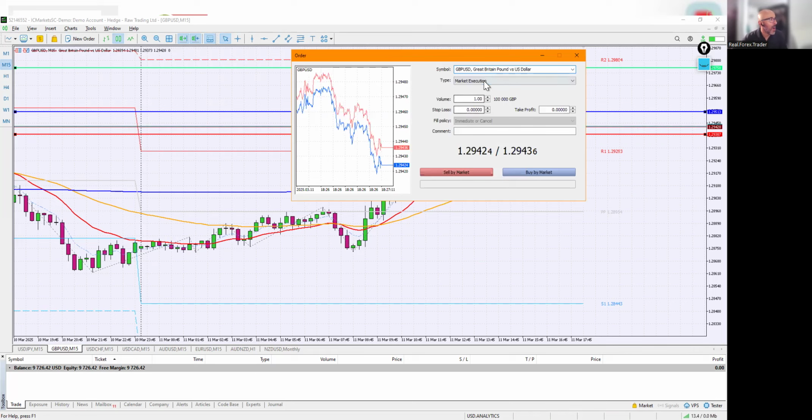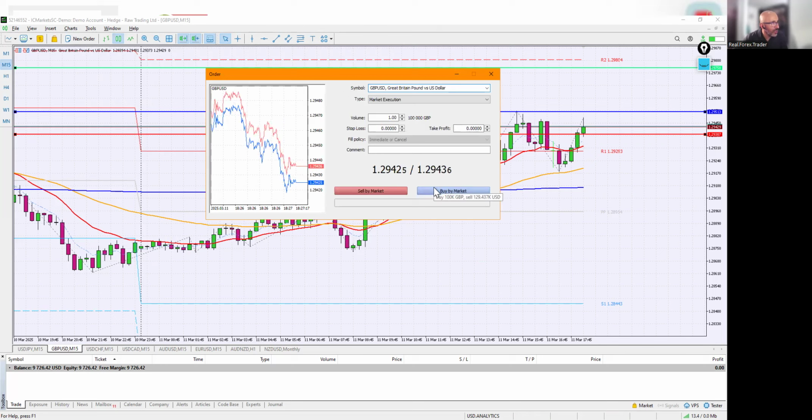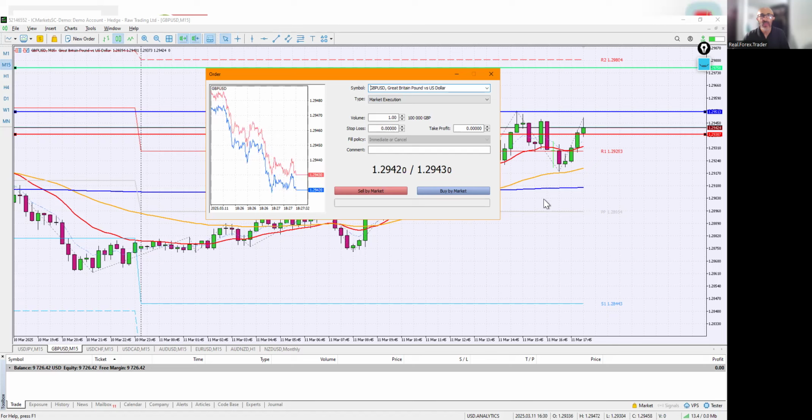Never go market execution, because when you go market execution you would be buying at this price right now, but you never know if it is really going to continue its up direction. Or if you hit sell, right now you're selling. That is direct market trigger. Don't do that.